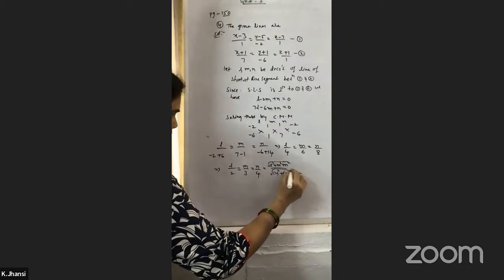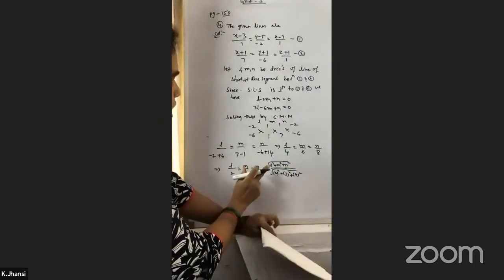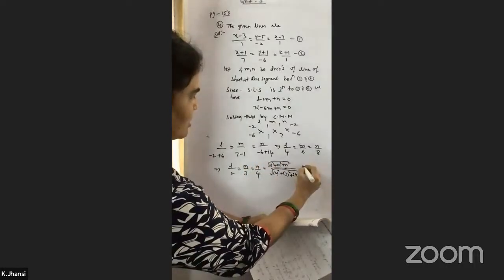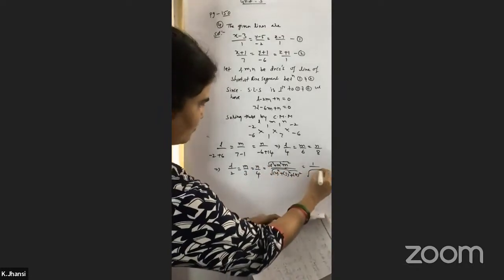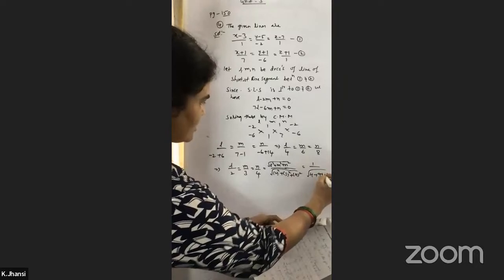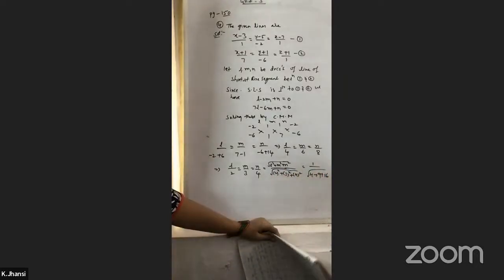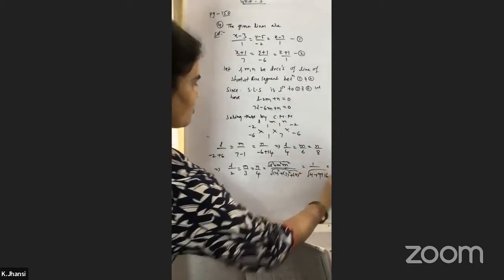You can see the method in the textbook. Already from unit 1, you know l² + m² + n² has the value 1. So 1 by, 2 squared is 4, 3 squared is 9 and 4 squared is 16. So 16 plus 4 is 20, 20 plus 9 is 29. So it is equal to 1/√29.